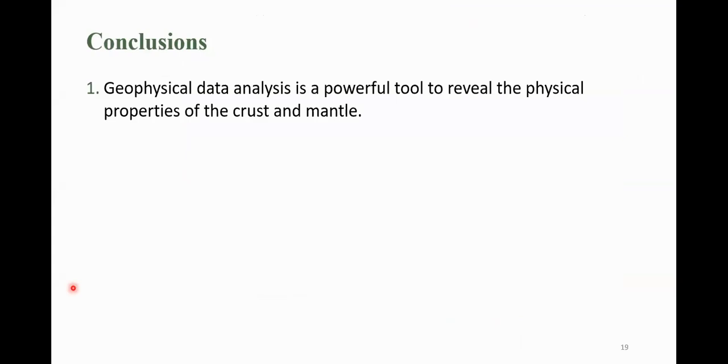Cool. So the conclusions about this study are, first, that the geophysical data analysis is a powerful tool to reveal the physical properties, in this case density and magnetic properties, of the crust and the mantle.